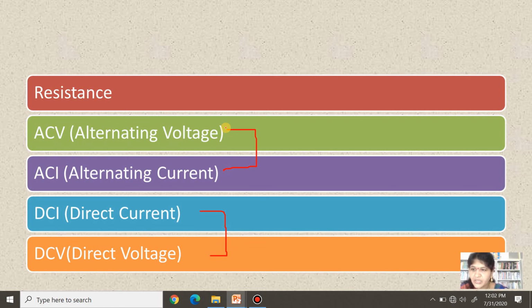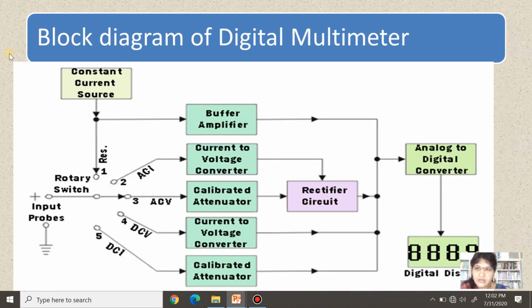Now here we have the constant current source. A constant current source and voltage are provided here. When we connect the probes, it is connected to the power supply and the power supply provides a voltage value. So from the constant current source, you can measure the resistance by just applying Ohm's law.